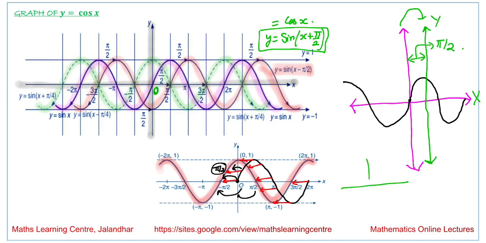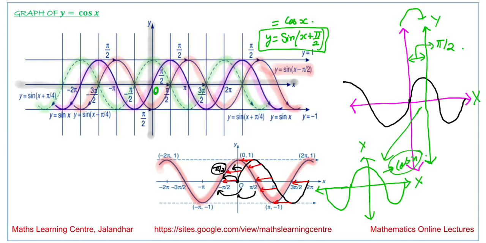So the new graph we obtain is of this form, and this is the graph of the function. This is the x-axis, this is the y-axis. We have shifted the axis towards the right by an amount of pi by 2, and this is the graph of the function cos of x.